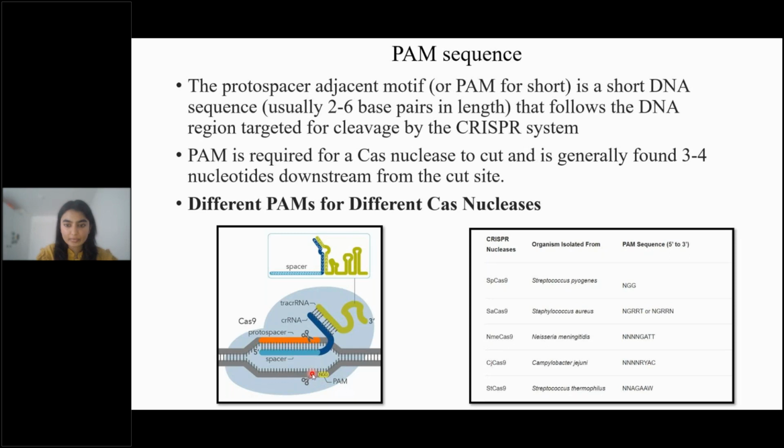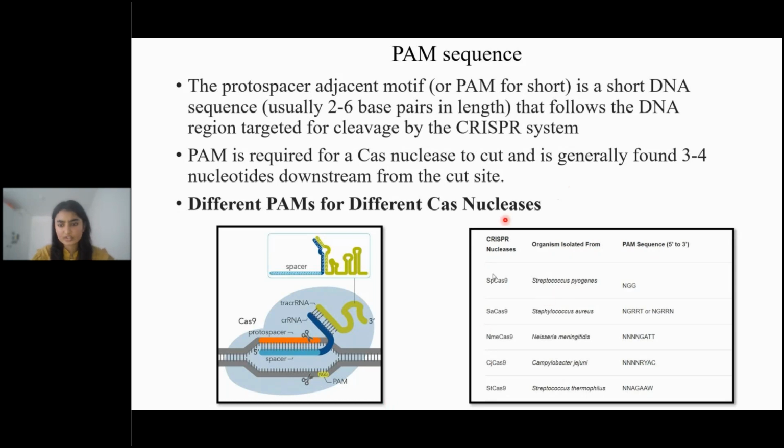So whenever you cut something with CRISPR, you always have to see where the PAM sequence is. If the PAM sequence comes in between your gene of interest, then the gene of interest might get cut. So when designing the guide RNA for your experiments, you always need to make sure where the PAM sequence is.